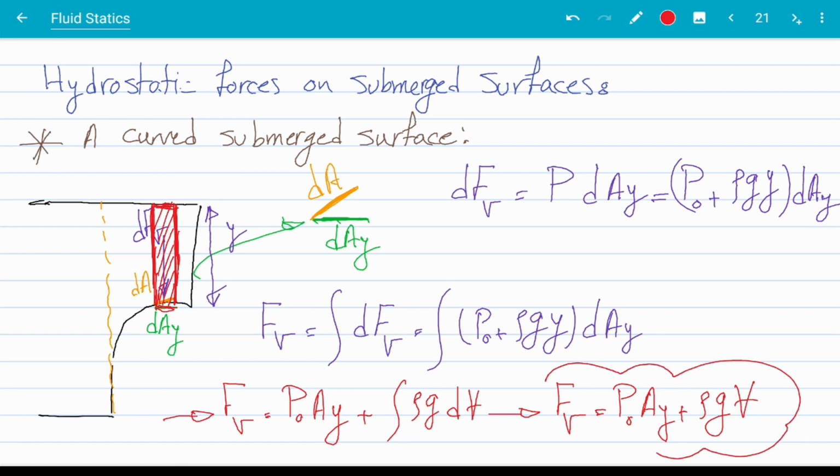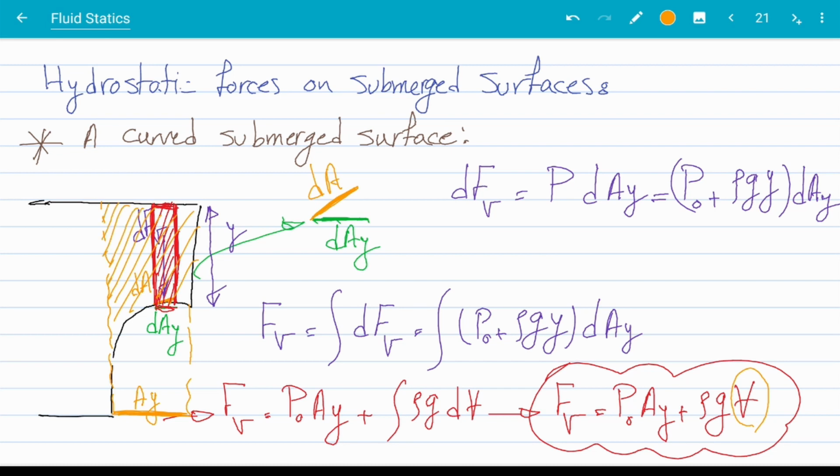Now, two things to remember from this equation. Ay that shows in the P0 term is this area, the projection of the curved area on the y-axis. The volume that shows here is the volume of the liquid on top of the curved surface.